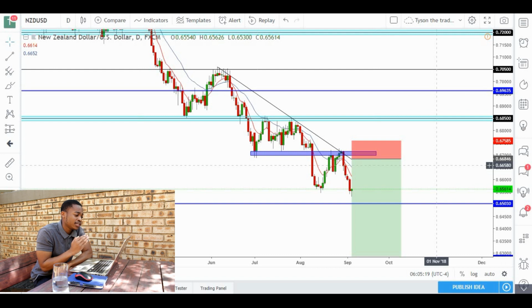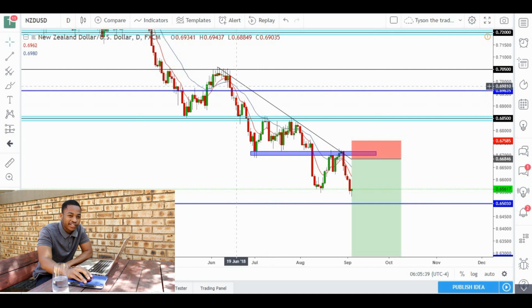It's more like a stepping formation going to the downside, showing that this is a bearish trend. That's the first thing we look for under the TLS method. This tells us that we need to trade in line with the bearish momentum, right?